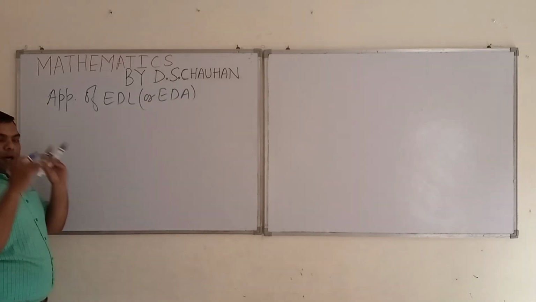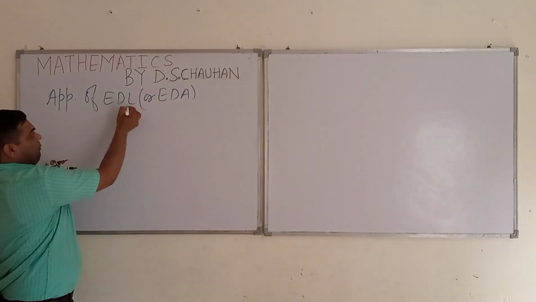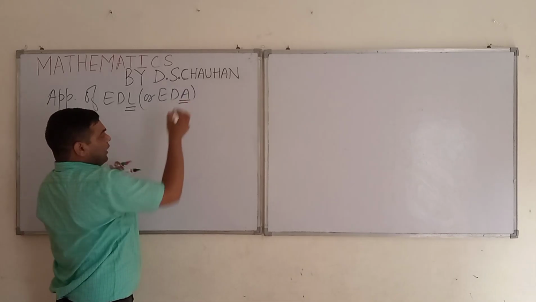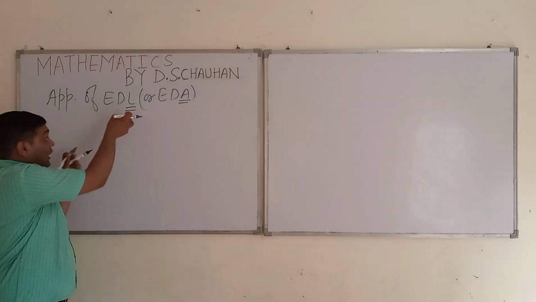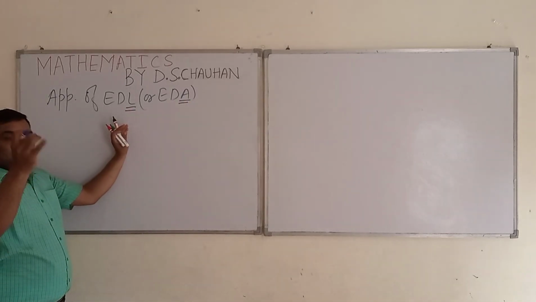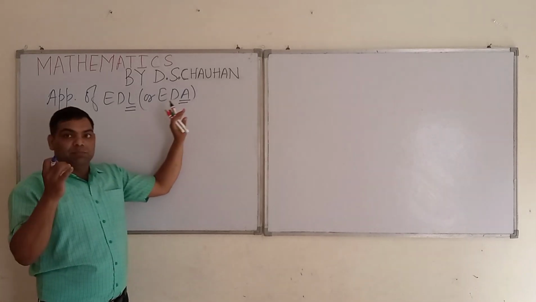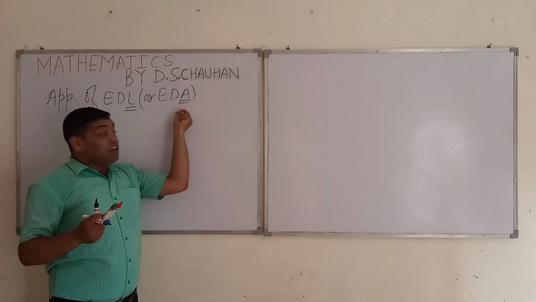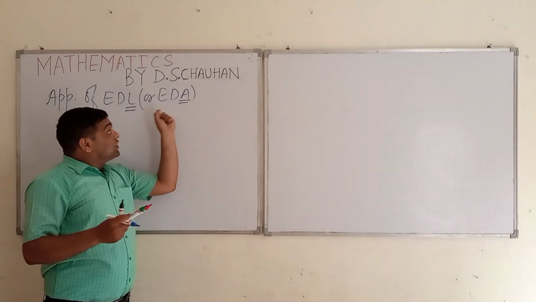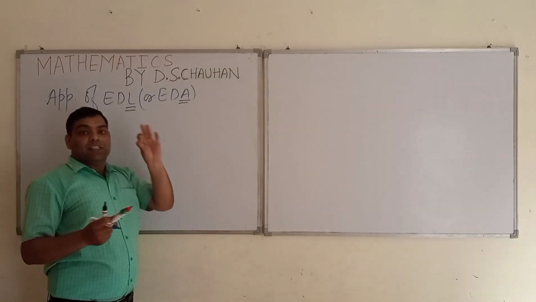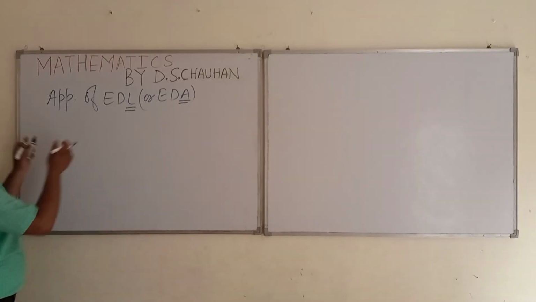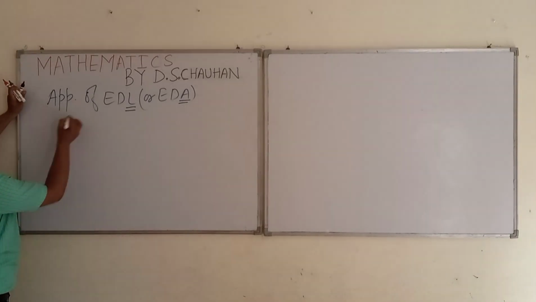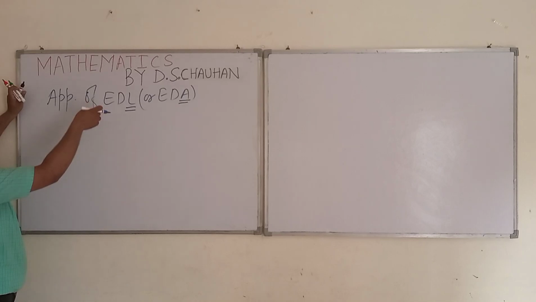Students, I want to make clear the meaning of lemma and algorithm. The lemma is a sub-theorem, smaller than a theorem, and an algorithm is the description of a concept series-wise, step-wise.